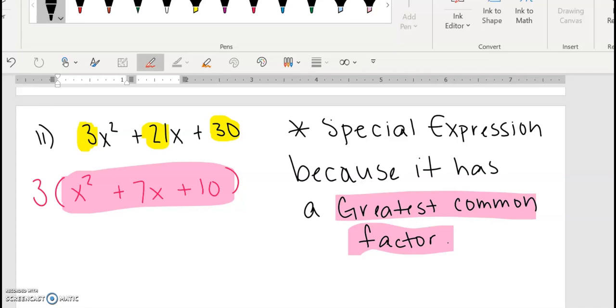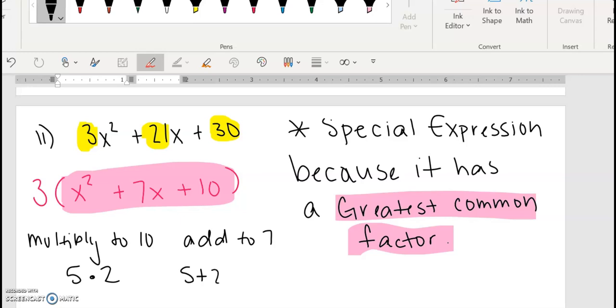So I need numbers that will multiply to be 10 and add to 7, and that's going to be 5 times 2. That multiplies to be 10, and 5 plus 2 is 7.